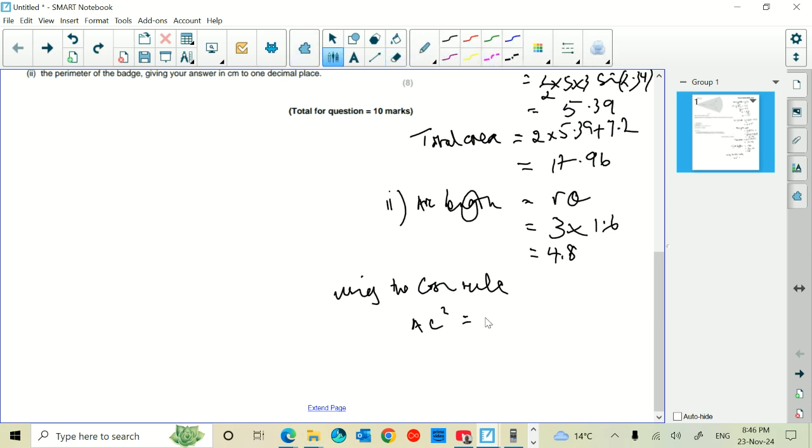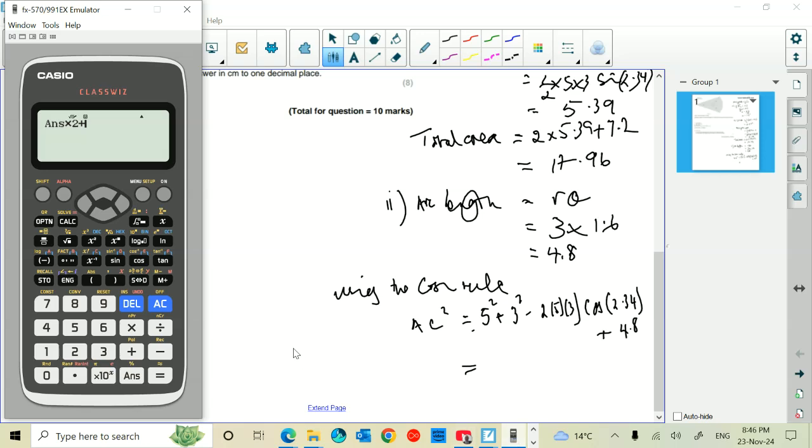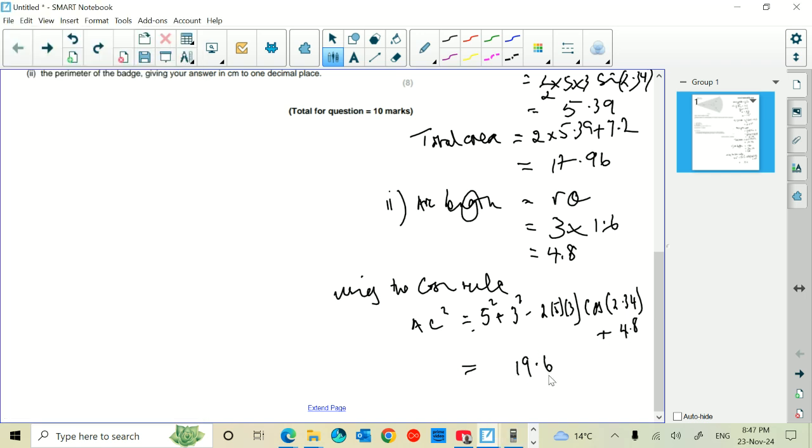So let's make sure that we have 5 squared, oops, making mistakes, it's real time, 5 squared plus 3 squared minus 2 times 5 times 3 times the cos of 2.34, and plus 4.8, and that gives you the answer on the calculator of 19.6, and we're supposed to give the answer to 1 decimal place, so 19.6 is the answer. And that's 10 marks.